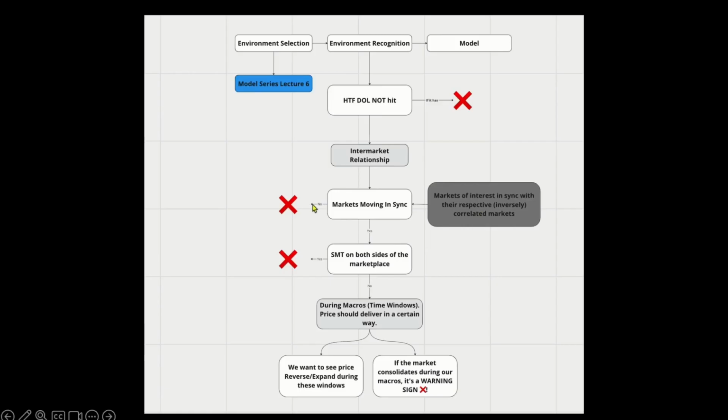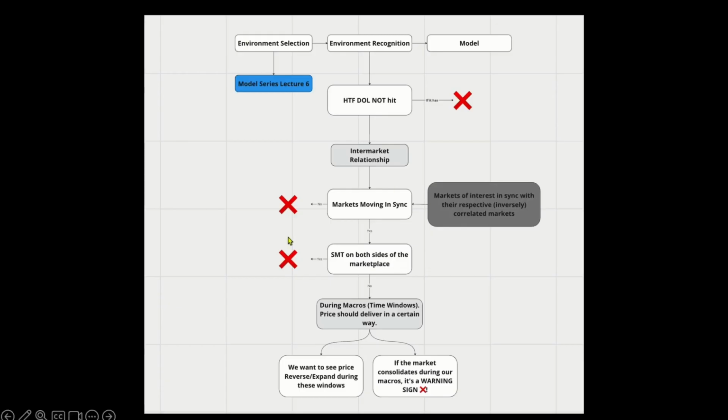If they aren't, we walk away and the whole sequence repeats itself. If they are moving in sync, we move on to the following. Is there SMT on both sides of the marketplace? If there is, we walk away. We reset the whole sequence and we go back to environment selection.